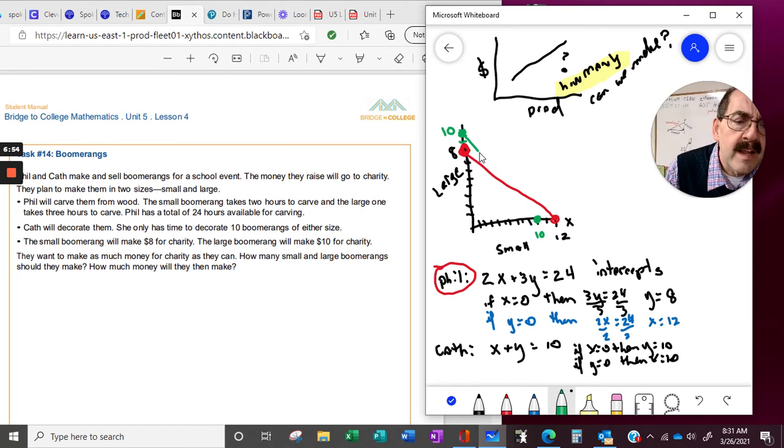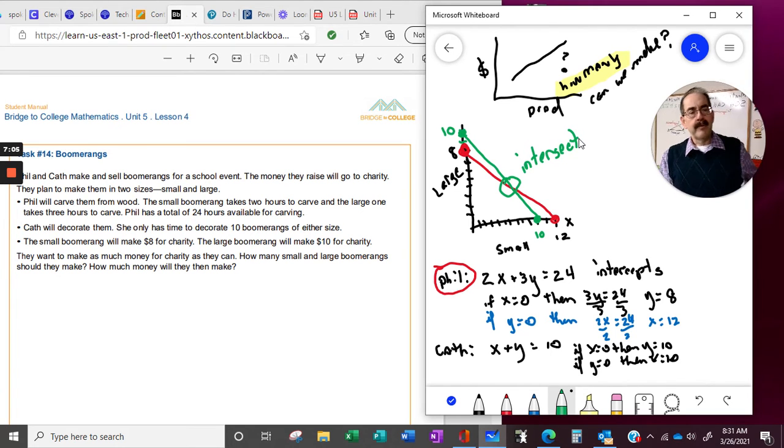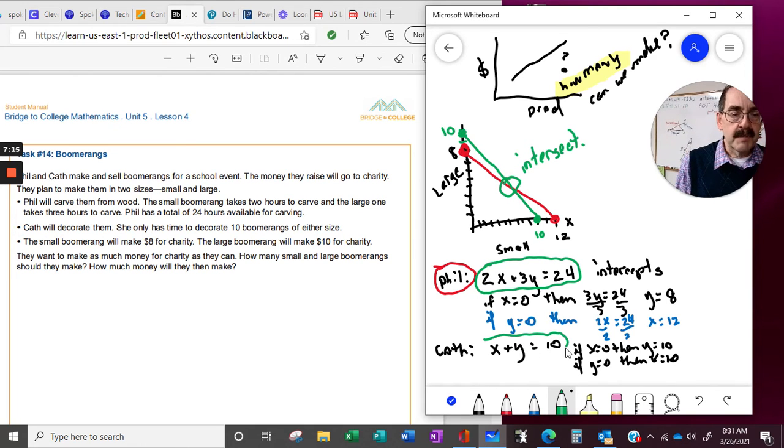And then there's a multitude of ways to calculate this intersection point, and it's up to you how you want to do it. We could use Mathly, we can use PhotoMath, we could set the two equations equal to each other. We can use substitution, elimination. We could find where these intersect. This maximizes production.